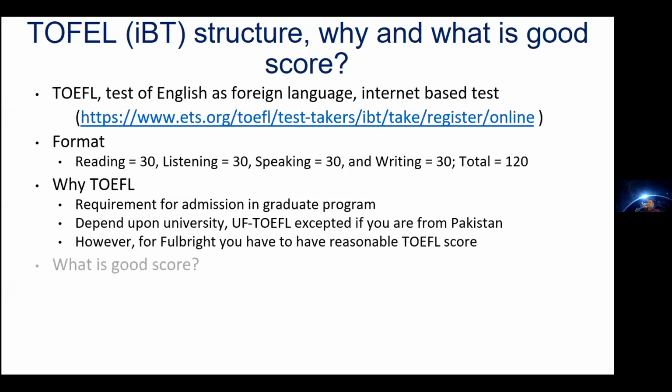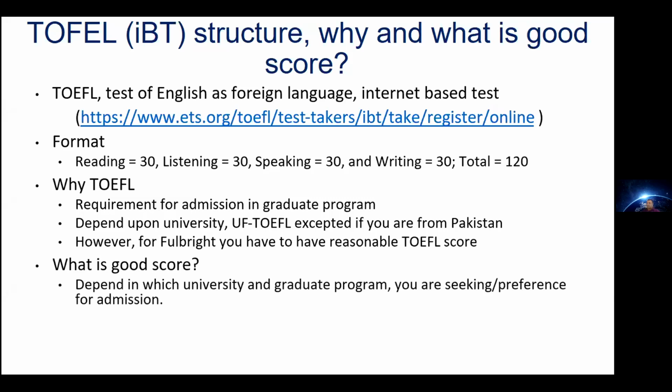So what is a reasonable score for the TOEFL? It actually depends on the university and the graduate program you are seeking. So this is the important point that I would like to highlight. When you send your application, usually they ask you to give a list of 5 universities.